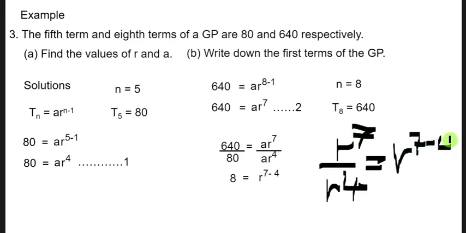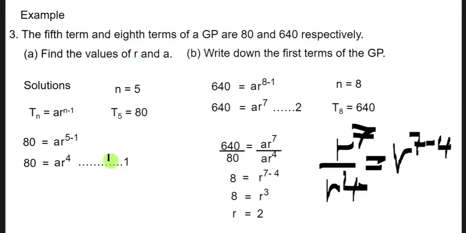These are the laws of indices. I already told you the video that you should watch. Then we are going to say R^3 is equal to 8, so this simply means R is the cube root of 8. If you find the cube root on both sides, you find that R is equal to 2.